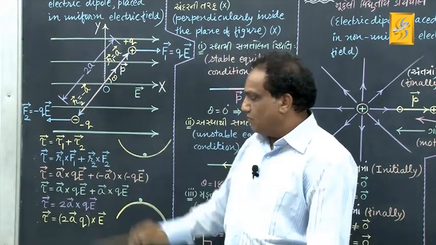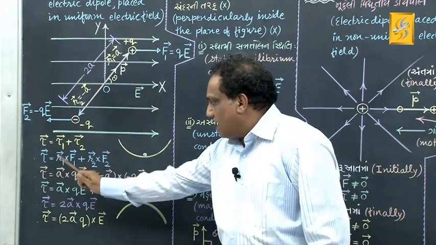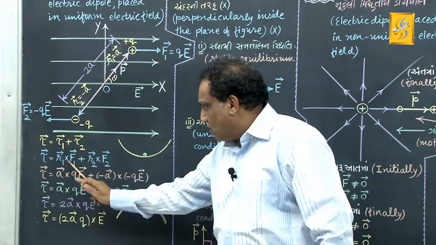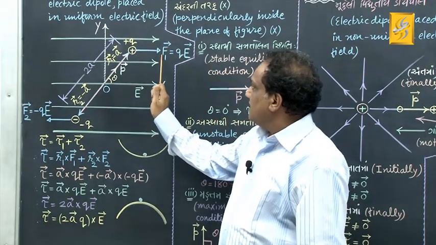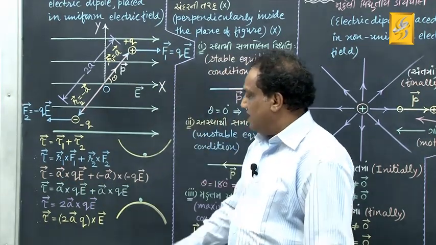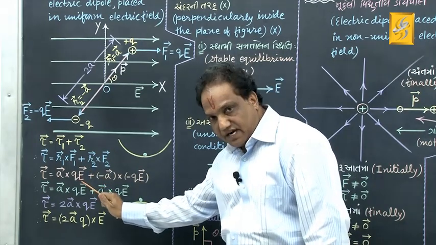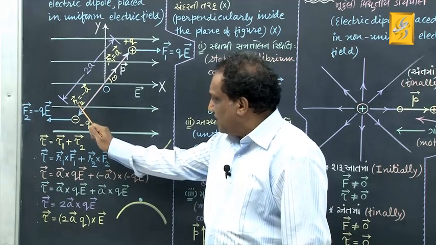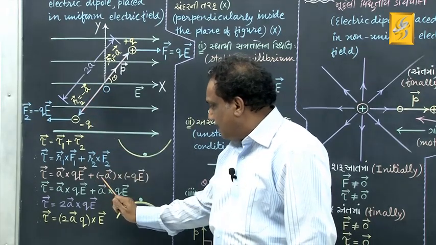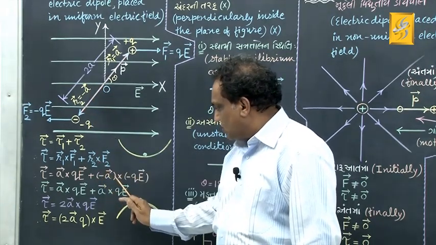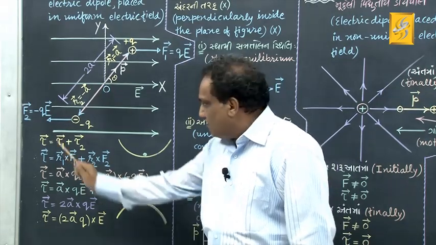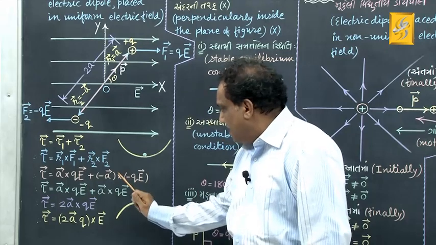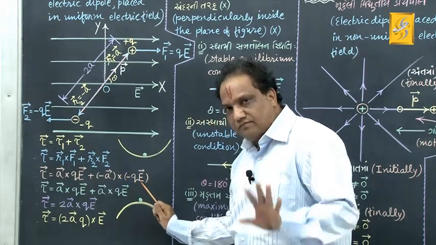Okay, come on, put in the values. Vector r1 is nothing but vector a, cross vector F1, which is nothing but q into vector E, correct, plus vector r2, which is minus vector a, cross vector F2, which is minus q into vector E. Got it?